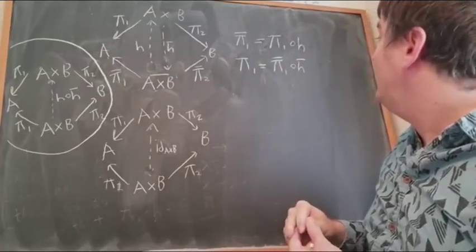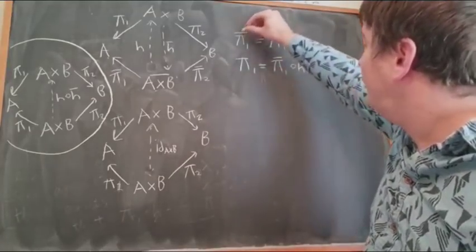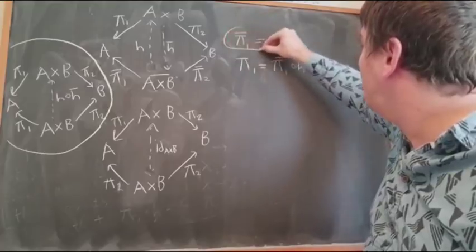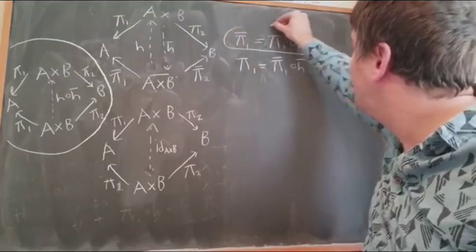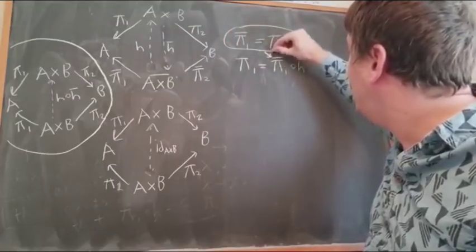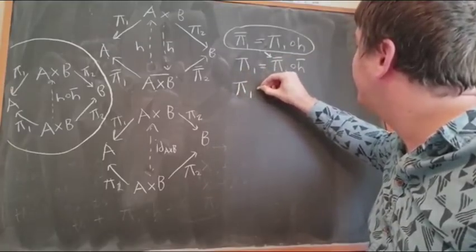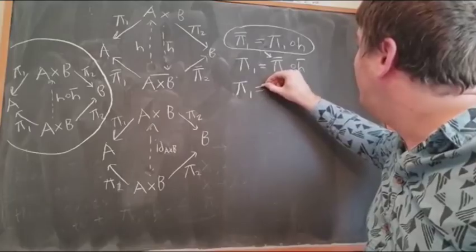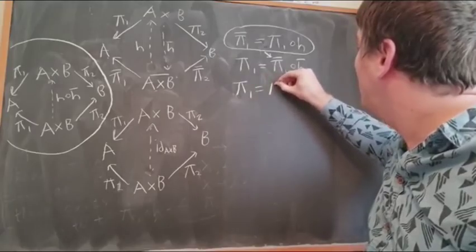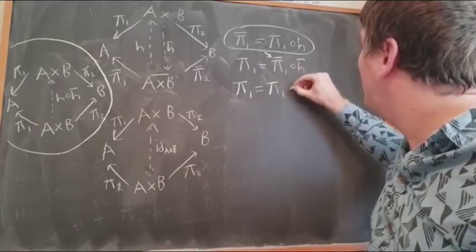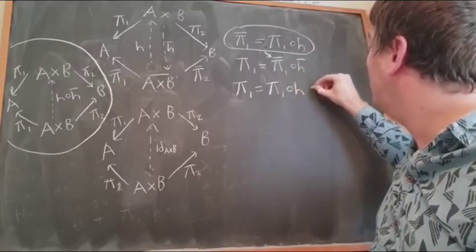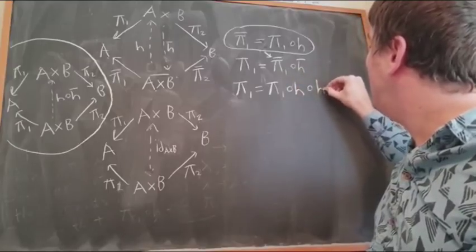Okay? So if we just substitute this equation here into here, we get that pi 1 is equal to pi 1 after H bar.